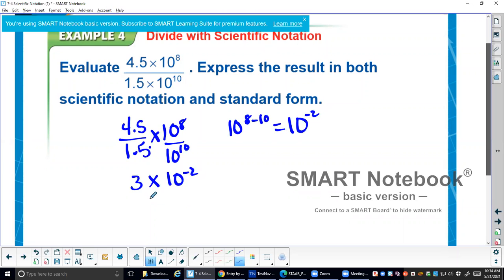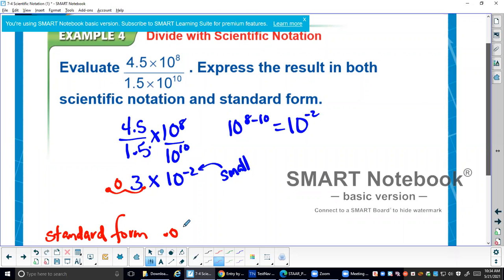So I'm going to put that right there, 10 to the power of negative 2. Which means, am I going to have a big number or a small number since I have a negative right there? Small number. Let's make it small. We're going to take 3. There's my decimal. We're going to move it 2 times to the left. 1, 2. And plug in a 0. So standard form looks like this: 0.03, right?